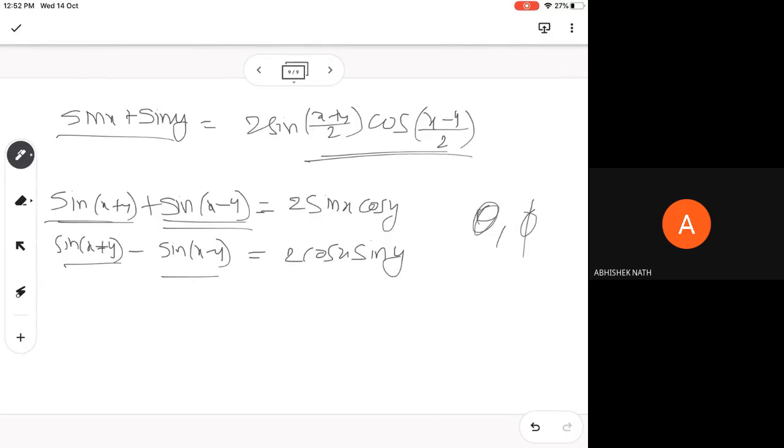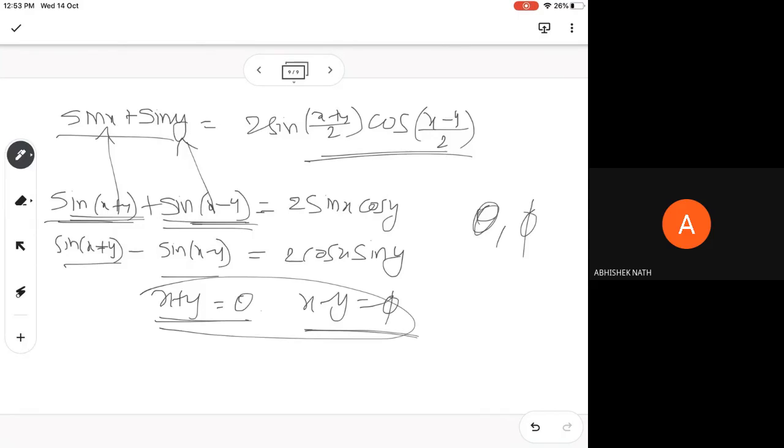So consider x plus y as theta and x minus y as phi. So it will come into this form. Suppose you take x plus y equals theta and x minus y equals phi. From this you can derive this one.